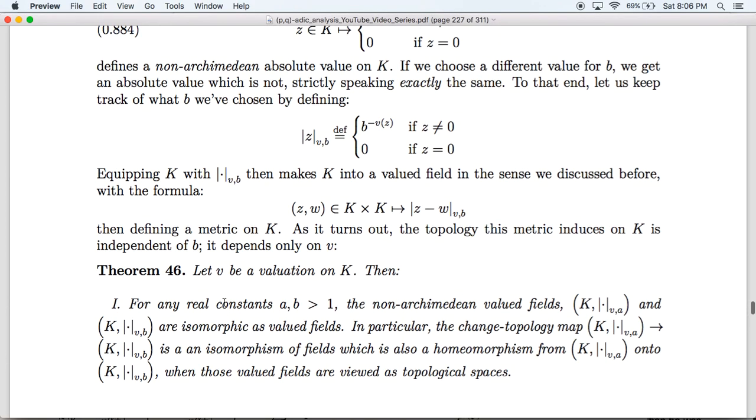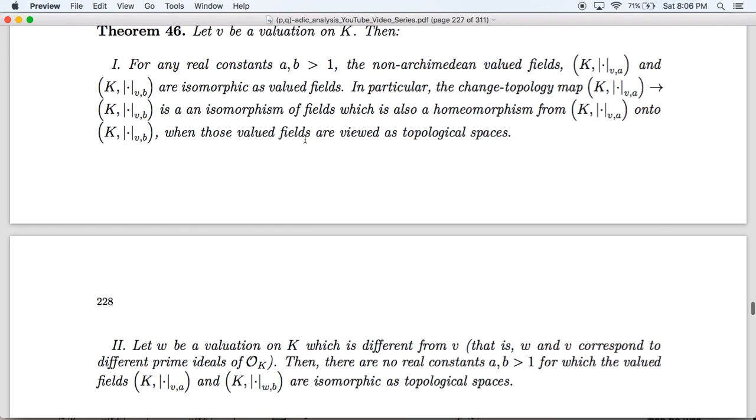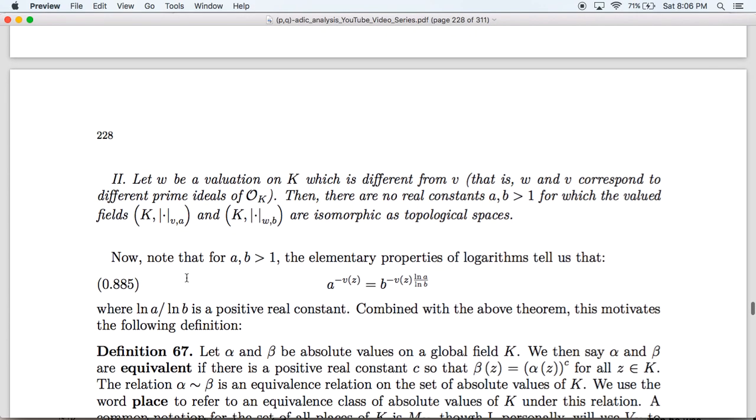In other words, what this theorem tells us is that the value of b is ultimately irrelevant, and that all that matters when passing from valuations to absolute values is our choice of valuation. Indeed, note that for any given a and b greater than 1, the elementary properties of logarithms tell us that a to the power of negative v of z is the same thing as b to the power of negative v of z times the base b logarithm of a, which is just ln a over ln b.